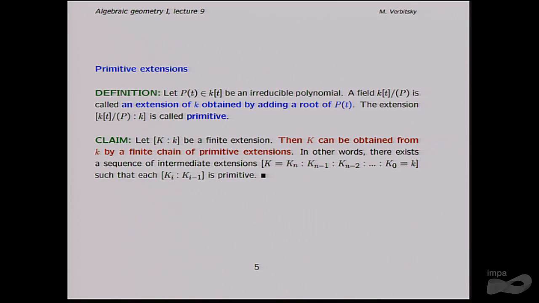You generate a subring, and since it's finite dimensional, it has to be a field. If it is everything, you are done. Suppose not. Let's take another element and add it. You obtain a bigger field. Bigger, bigger, bigger, but every time the dimension increases, but dimension is finite, so it has to stop. Okay, good. Thank you.